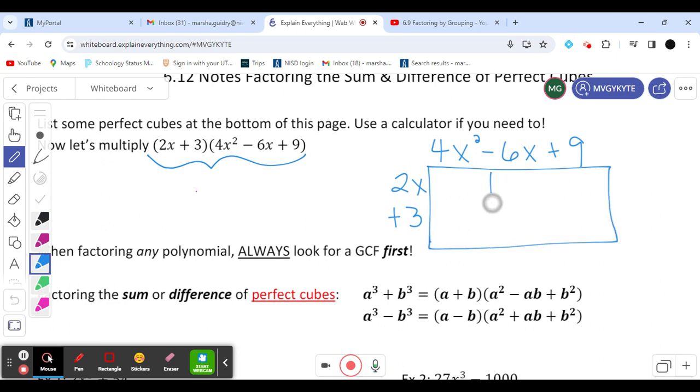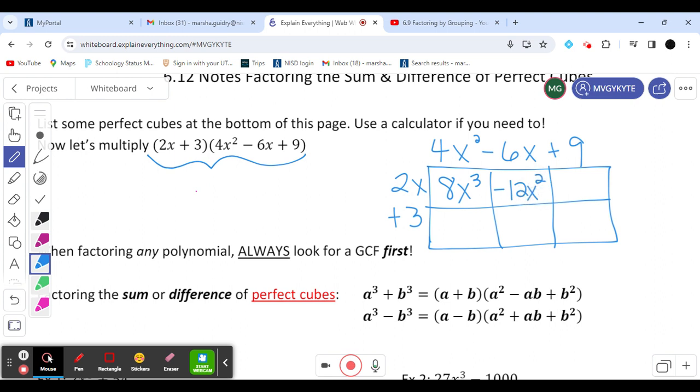Okay, so we end up with 3 columns and 2 rows. And remember, to get each box, all we do is look up to the very top and left to the very left and figure out what we're multiplying together. So our first box, 4x squared times 2x, gives us 8x cubed. Our next box, negative 6x times 2x, gives us negative 12x squared.